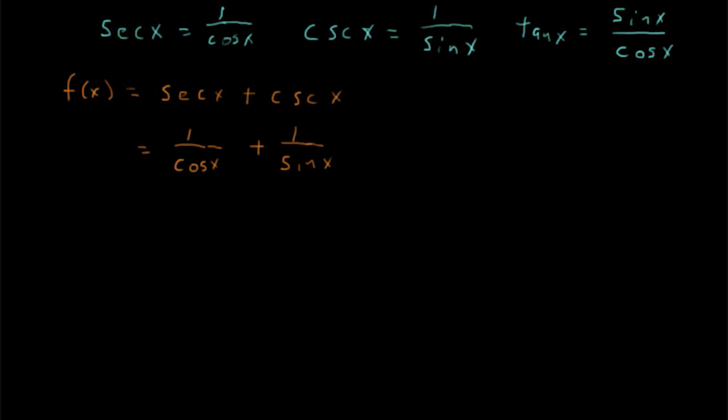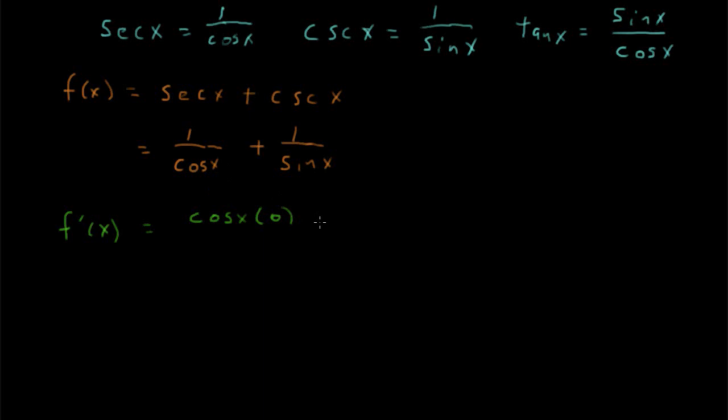These are doable. There are several ways we could take the derivative of these two terms, but let's just do the most basic. We see a quotient here. Let's do the quotient rule. So we go low d high: we take the denominator, which is cosine x, times the derivative of 1. What's the derivative of 1?